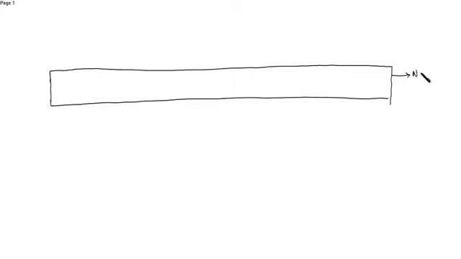This is the n-well. Now we need the P diffusion layer.